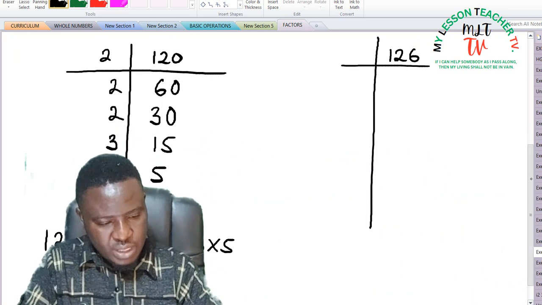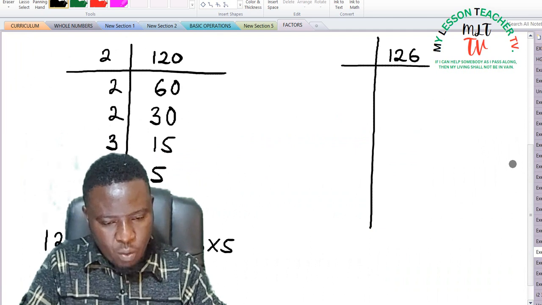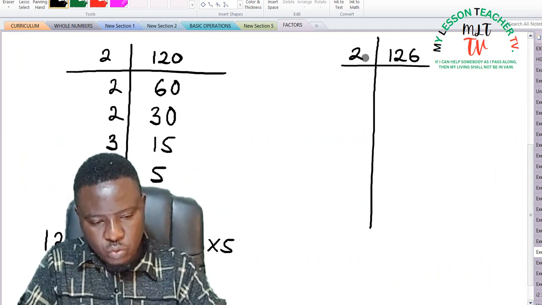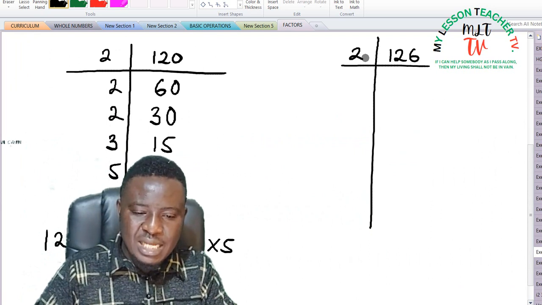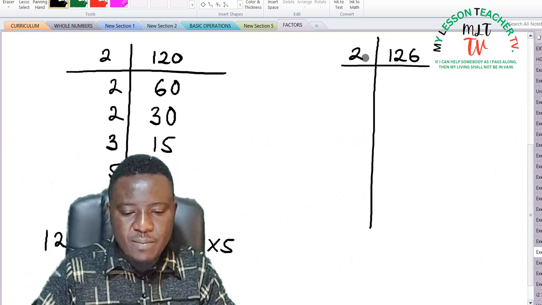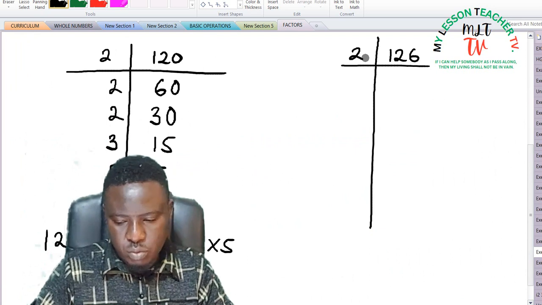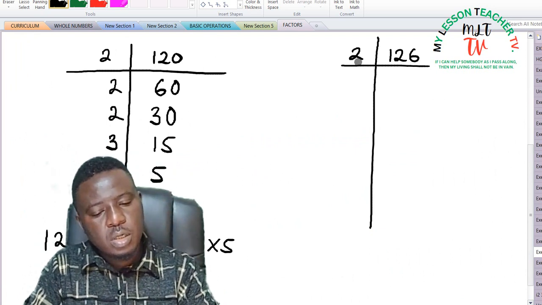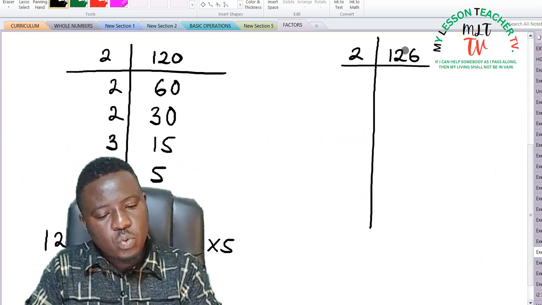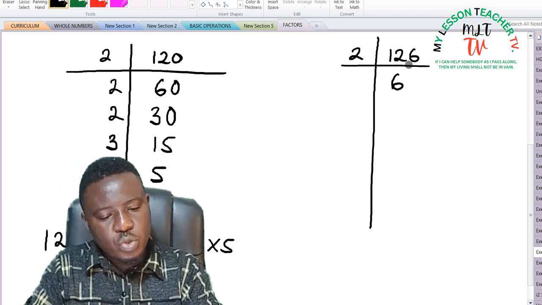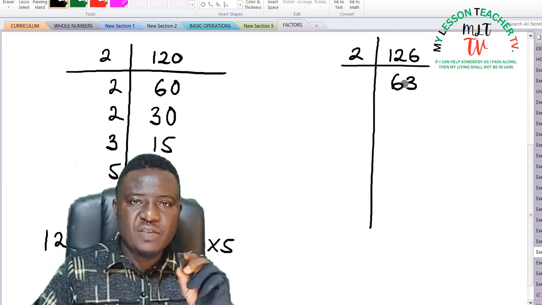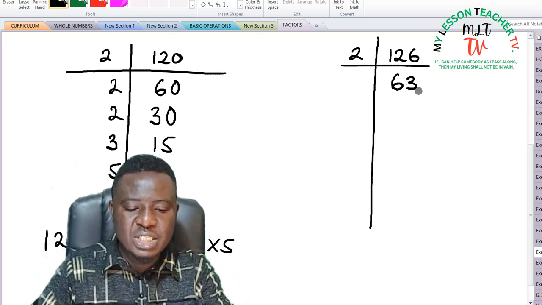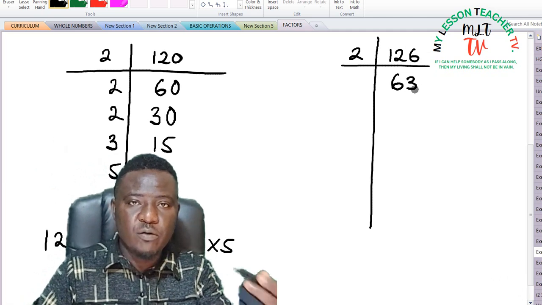For 126, we'll start using the least prime number, which is 2, and 126 is divisible by 2 because 6, being the last digit, is a multiple of 2. So 2 into 1 it cannot, 2 into 12 is 6, 2 into 6 is 3. 63 is not divisible by 2 because the last digit, 3, is not a multiple of 2.